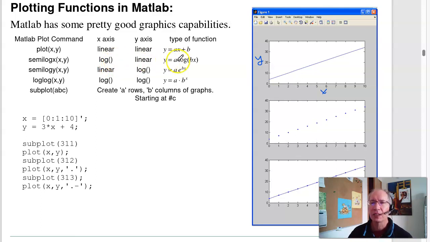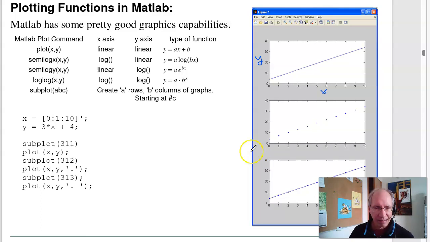What that does is log functions plot as a linear function when the x-axis is a log scale. I can make the y-axis a log scale. And the reason for doing that is exponentials are plotted as straight lines if I plot them on semi-log y paper. I can make both axes logarithmic, in which case power functions become linear. And I can do subplots, have 3 different plots on the same page. That's actually not really necessary.